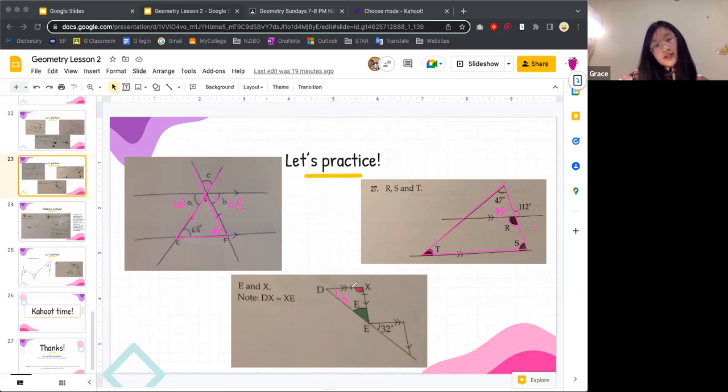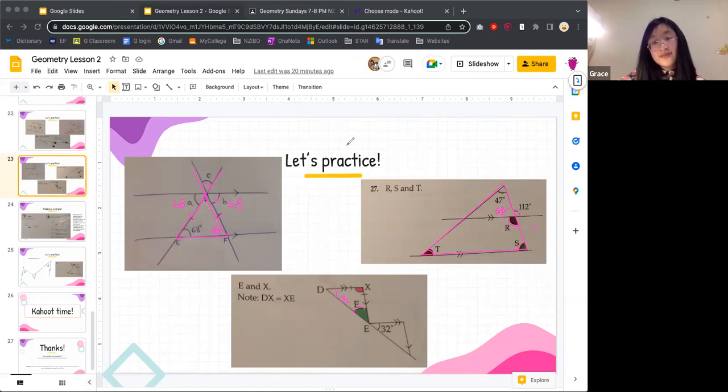Alrighty, so we've got this isosceles triangle here. So what are some other angles that we'll be able to figure out? How about angle XED? Anyone got any idea?